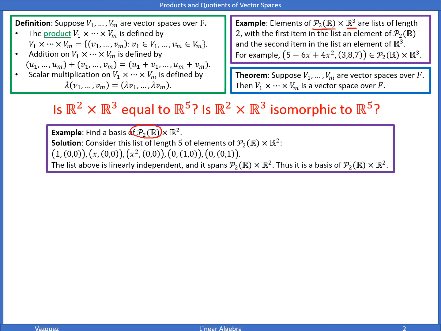What we're doing is finding a basis for this space, because any vector in this product space we can create with a linear combination of these 5 vectors. And those five vectors are linearly independent and they span the space. Therefore, they're a basis of the product space.